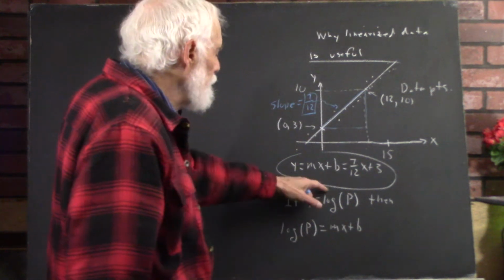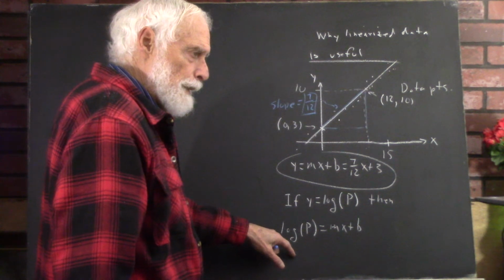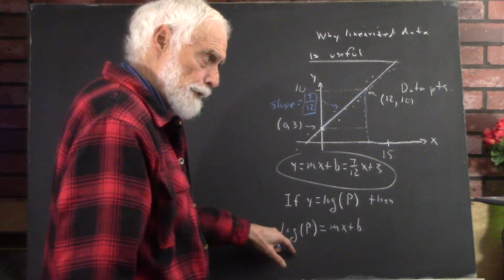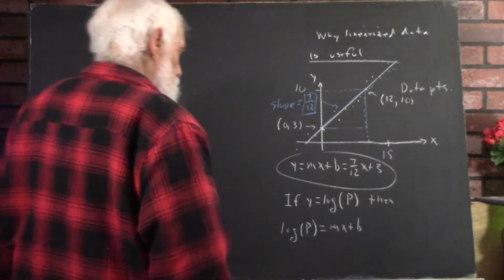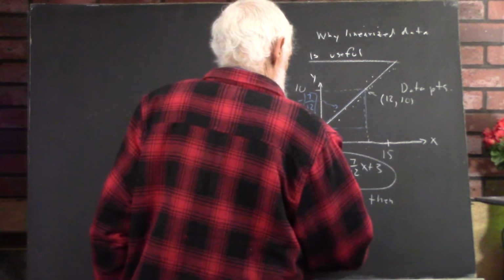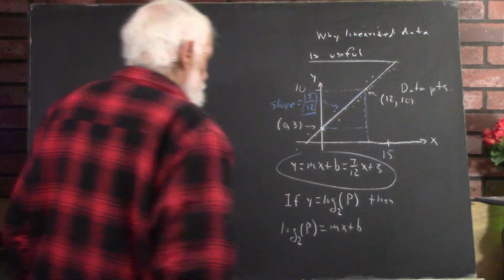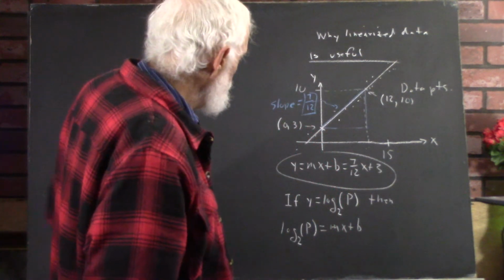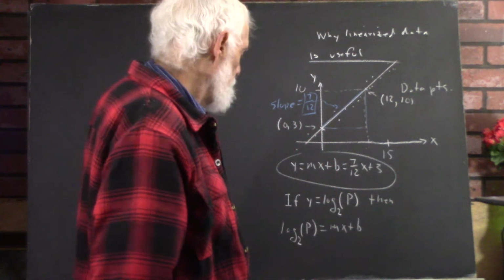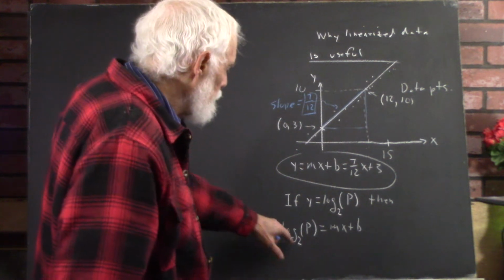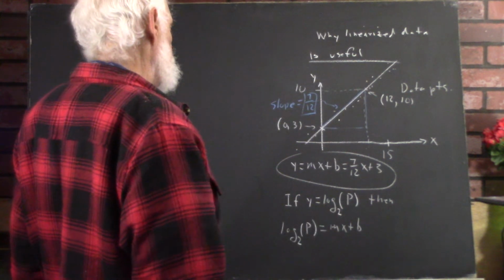Now we can use any log we want, and very often we'll use the natural log. But since we're maybe more intuitively familiar with the base 2 log, let's say this is a graph of log base 2 of p. Okay, so log base 2 of p equals mx plus b.